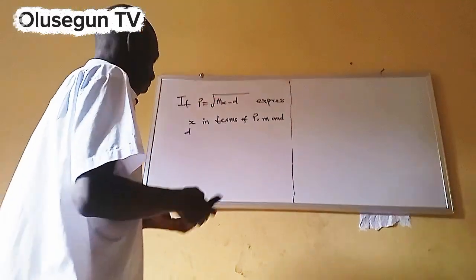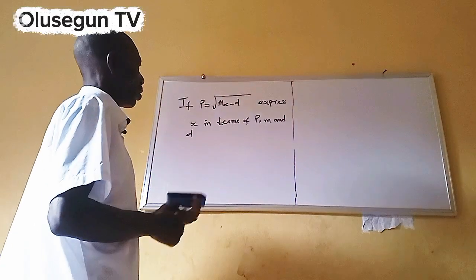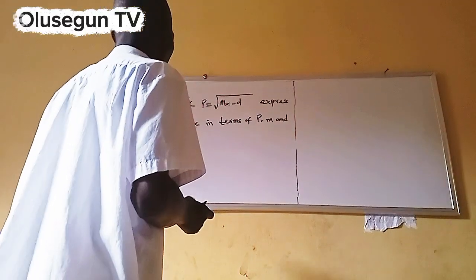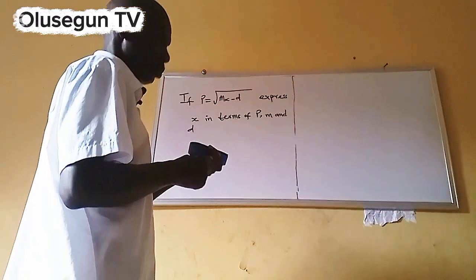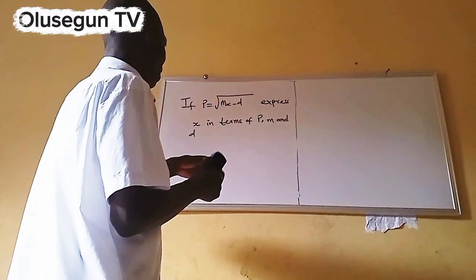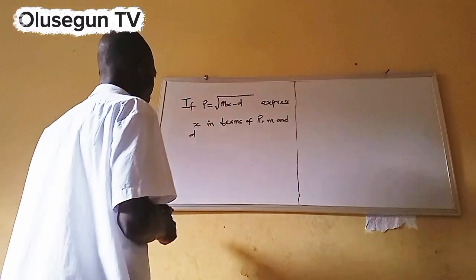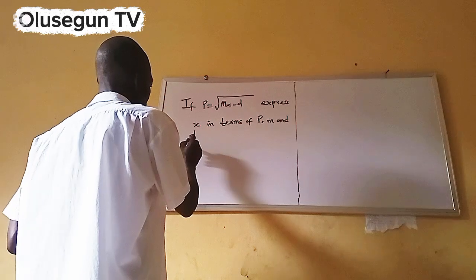So what you need to do, the solution to this equation is simply by, one, you have to square both sides. Why are we squaring both sides? So that we get rid of this square root sign. So p, you square both sides.